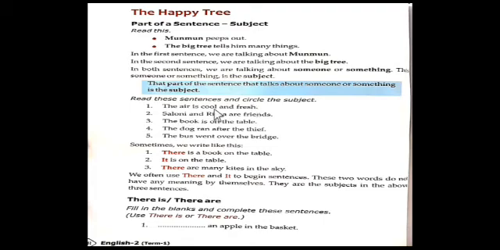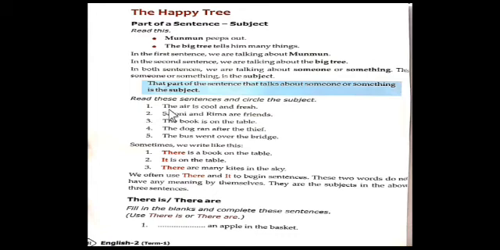Okay, here read these sentences and circle the subjects. First one, the air is cool and fresh. So in this statement, we are talking about the air. So the air is the subject. Circle the words the air.